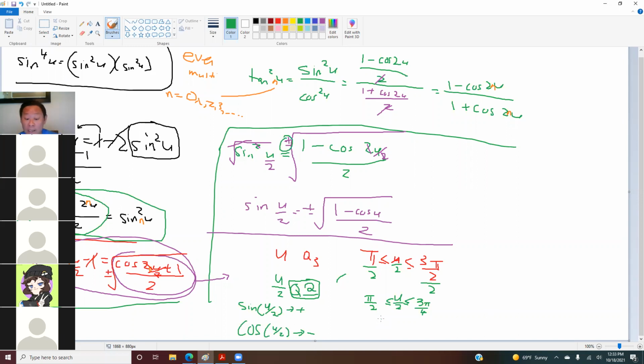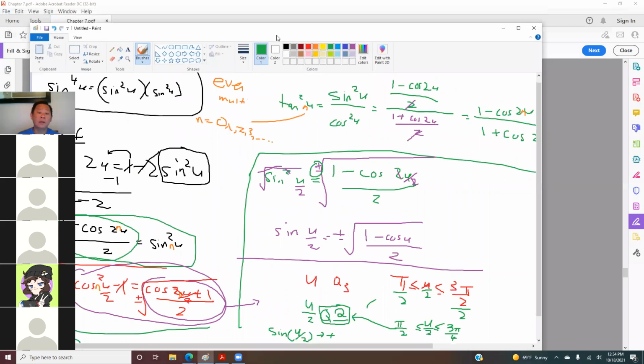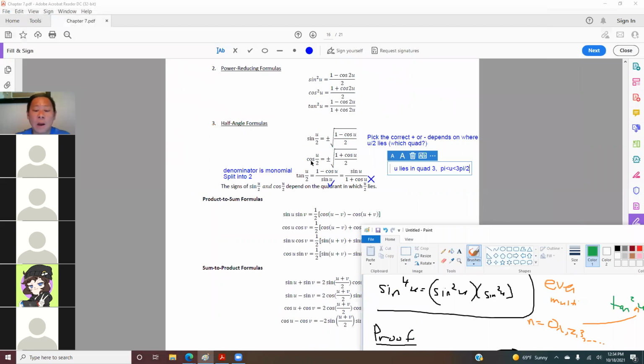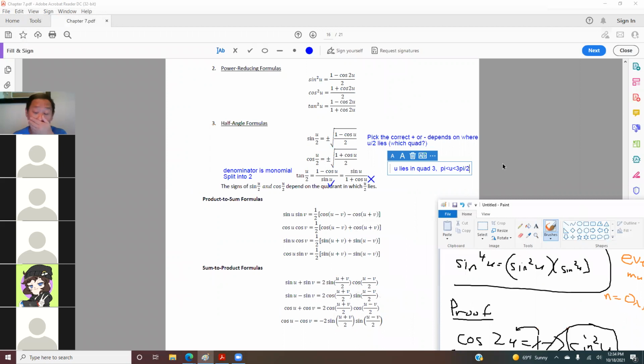That's how you pick which sign, plus or minus. It depends on what quadrant u over 2 belongs to. You divide the angle u by 2 on both sides and figure out the quadrant, and this belongs to quadrant 2. This is very important, because a lot of students mess up with the negative, so be careful with it.